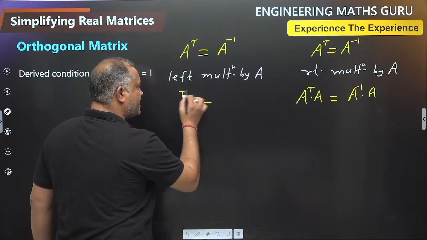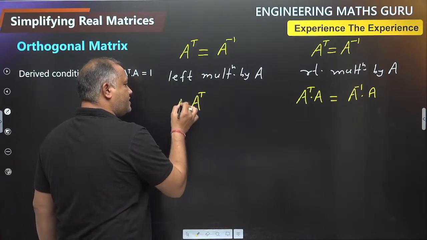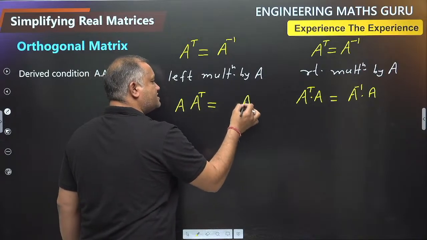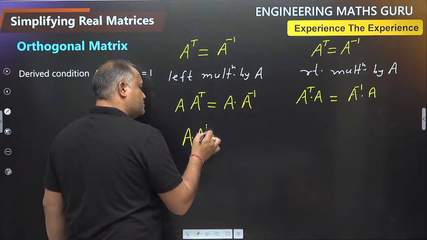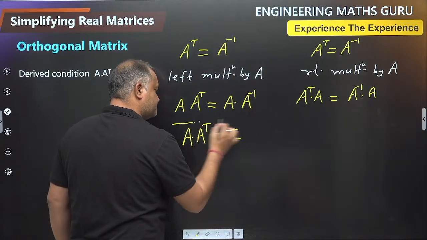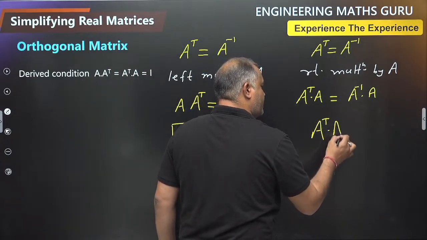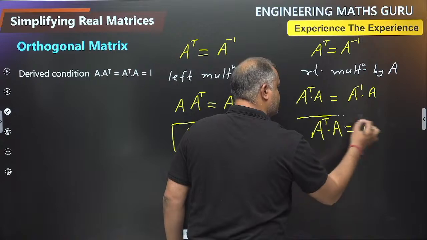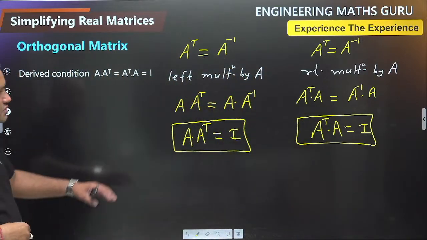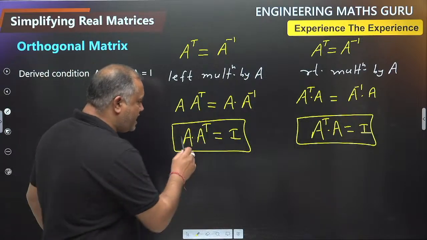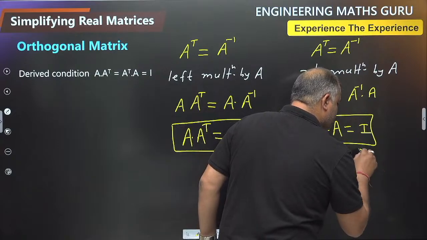Sir, here we are doing left multiplication. Okay sir. So A transpose gets multiplied by A from the left side, A inverse gets multiplied by A from the left side. So A into A transpose equals I, A transpose into A equals I. Yes sir. So can you see here, A into A transpose is equal to I, A transpose into A equals I.